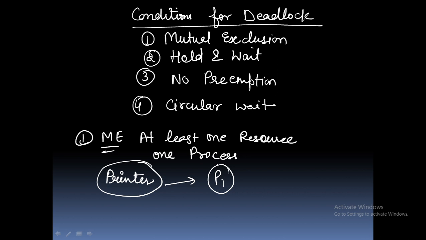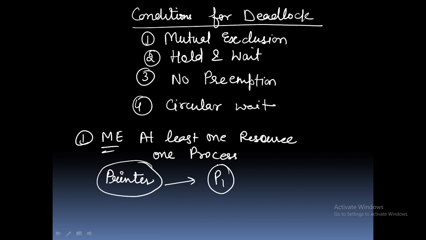If process 1 does not release it, then process 2 will stay in the waiting list. That creates the condition of deadlock, and this type of condition is called mutual exclusion because we have only one resource and one process can use it. Another process cannot use it at a time. That is the condition of mutual exclusion.